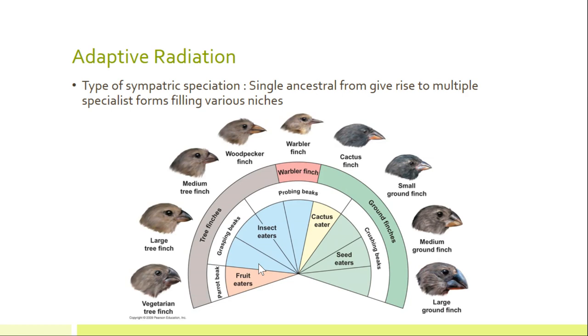Okay, now here's the thing though. Sometimes you get those genetic changes in populations that are in the same area, and this is sympatric speciation. So you have some single ancestral group that gives rise to multiple specialists, right? And this is what happens in adaptive radiation, and Darwin's finches are a really good example of this.